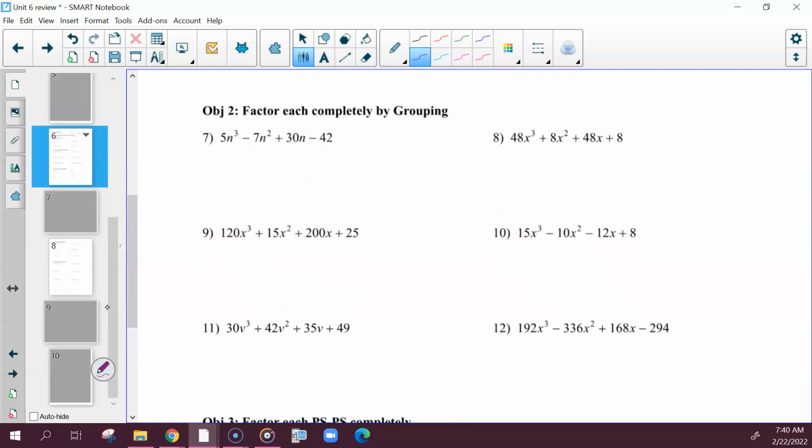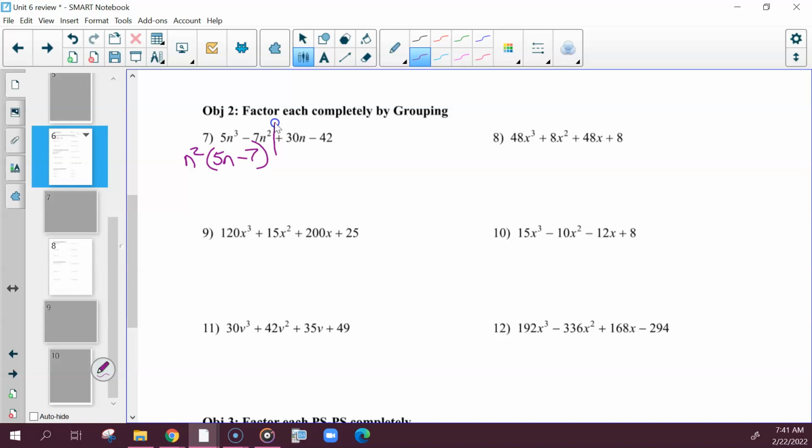7. Okay, so for 7, factoring by grouping, split the middle, and you're doing GCF twice. What could we divide out of the first 2? 5 and 2. N squared. What would be left? 5 and minus 7. Then what could we divide out of the right 2? 6.